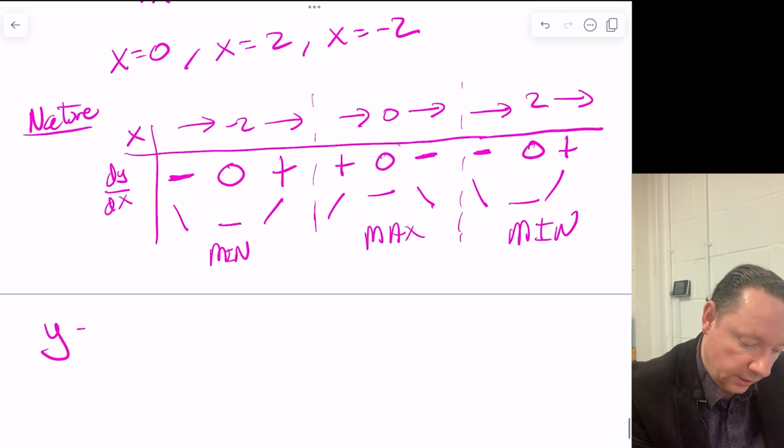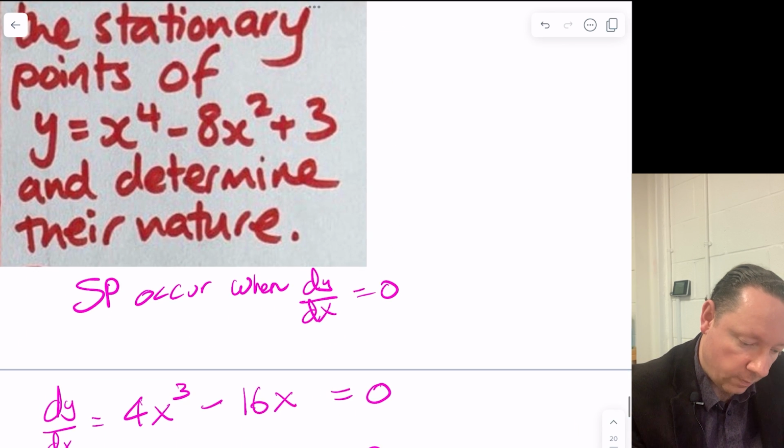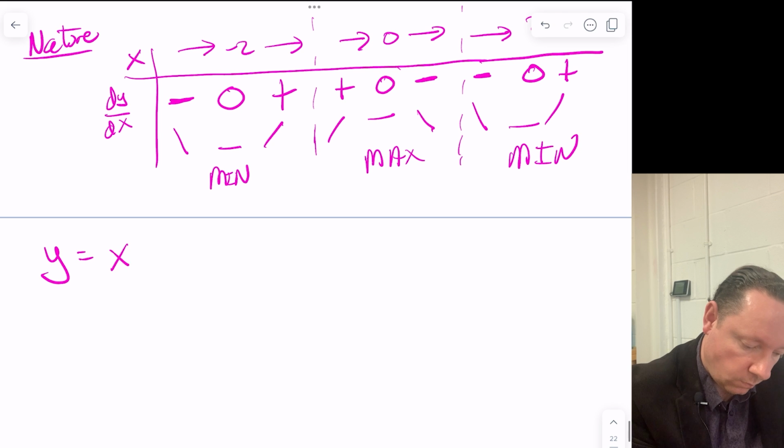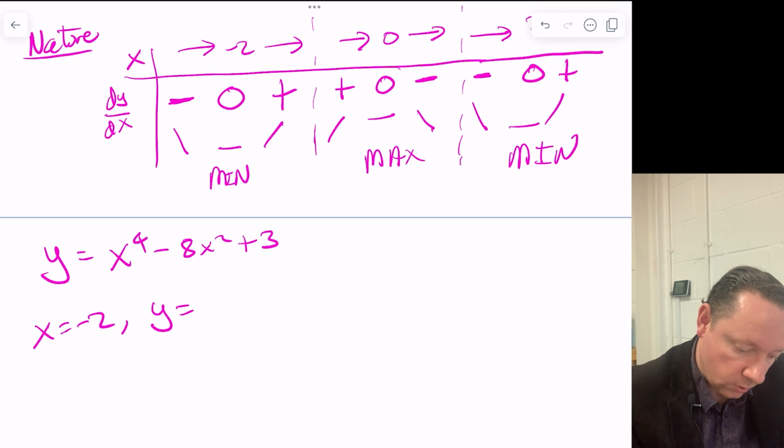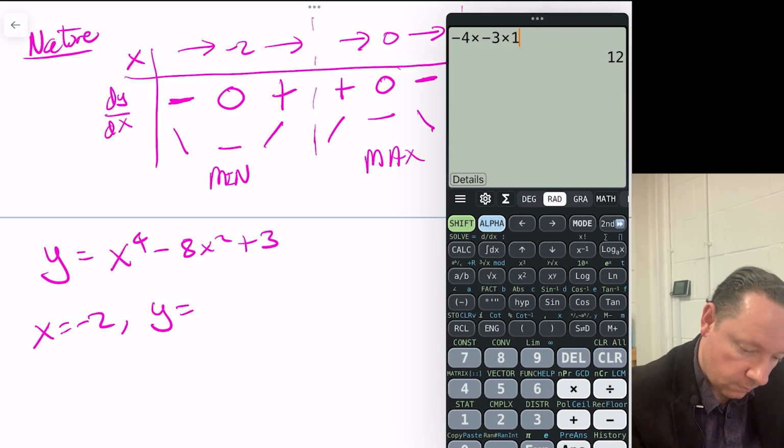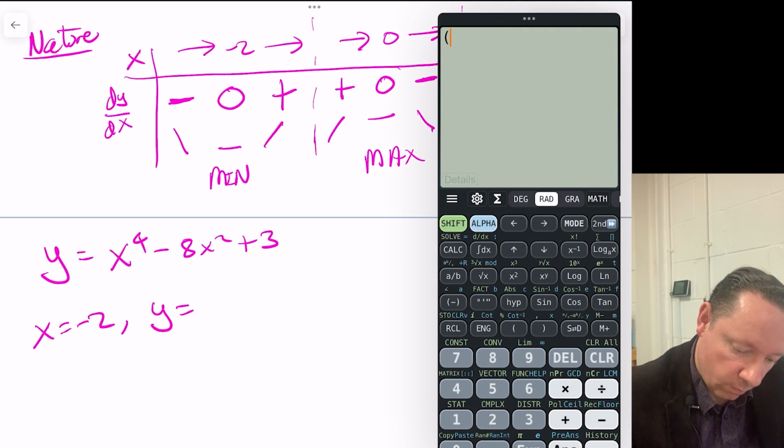So remember, y was equal to x to the 4 minus 8x squared plus 3. So when x equals minus 2, y equals, being careful, minus 2 to the power of 4 minus 8 times minus 2 squared plus 3.